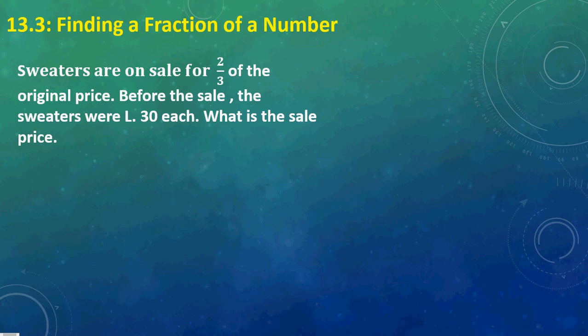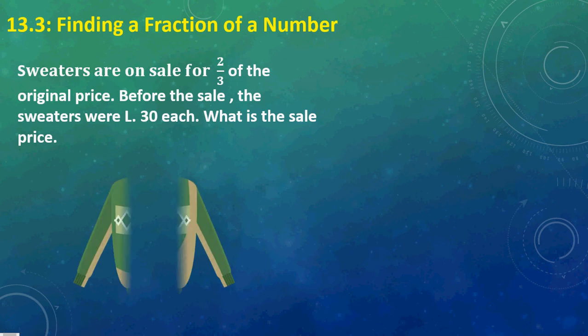O sea, tiene un descuento de 2/3 of the original price. Before the sale, antes de esta venta o del descuento, the sweaters were 30 lempiras each. La pregunta es, what is the sales price?